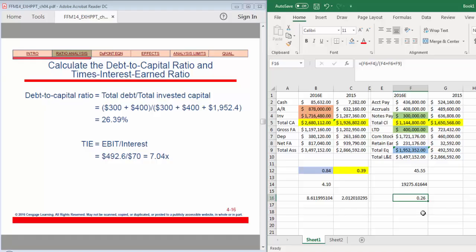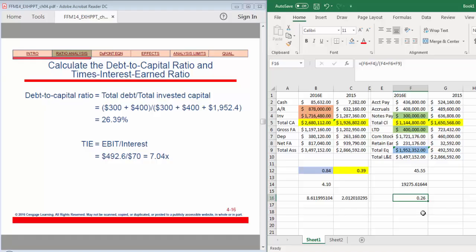So the debt to capital is roughly about 26.39 percent, which is okay, because normally the higher the debt compared to capital, the worse. When we compare it with the industry average, we'll be able to give a better answer. But for now, we can say that it is a good number. But let's see how it compares to the industry average.